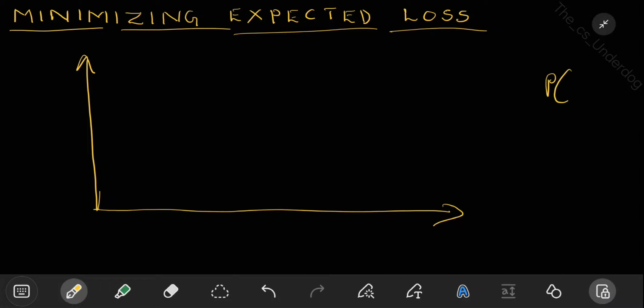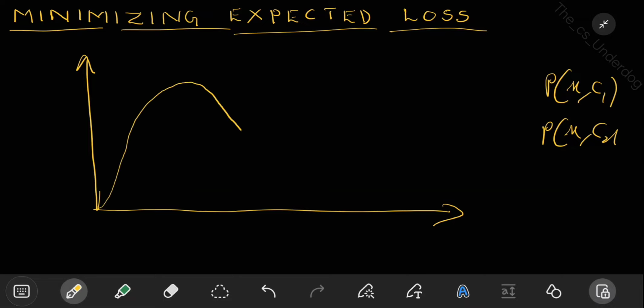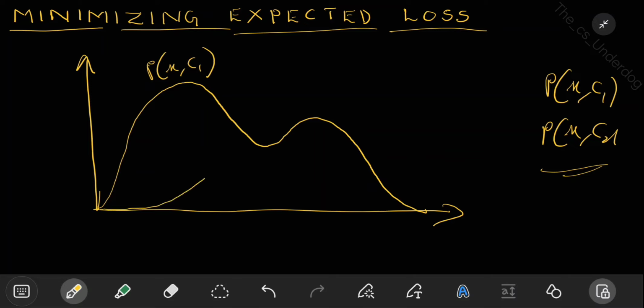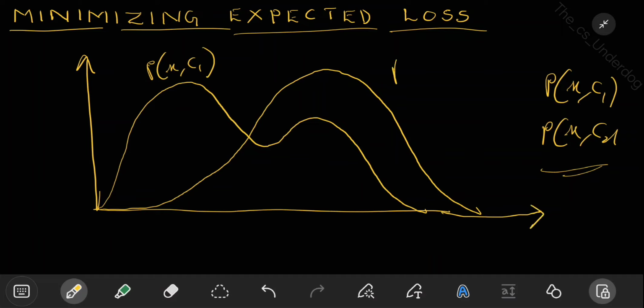We had one distribution as P of x given c1 and the other distribution as P of x given c2. If you remember, P of x given c1 looked something like this, and P of x given c2 looked something like this.